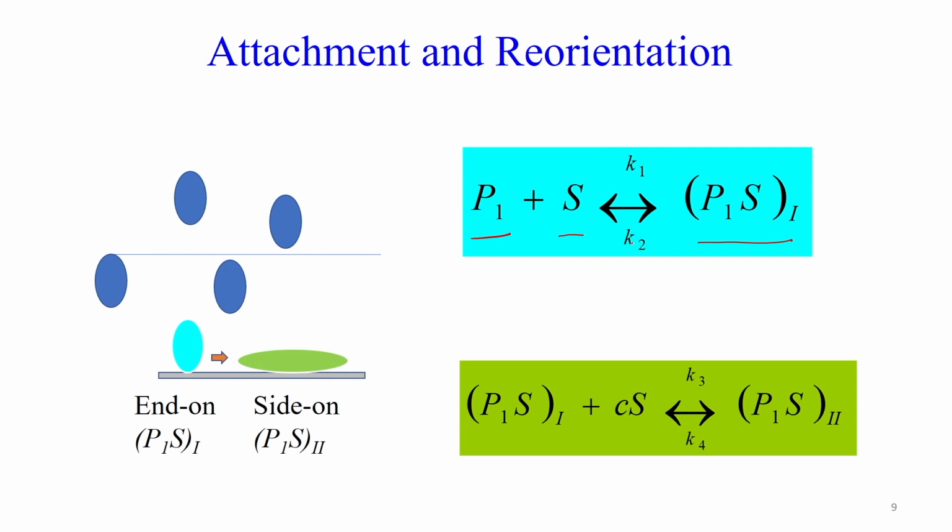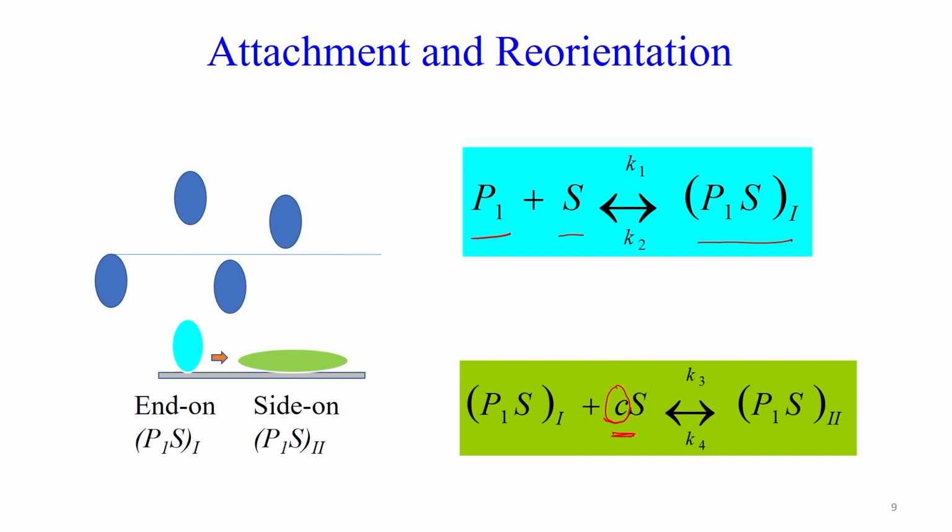This is the attachment, here you can say adsorption, and k2 is the detachment or desorption rate constant. Then in the next step of rearrangement, this adsorbed protein molecule will require some extra surface. The C is the fraction of the extra surface, because the surface area required for the end-on and side-on orientations is different.